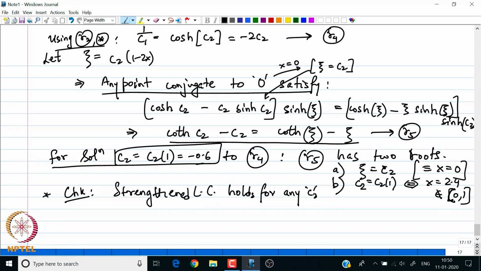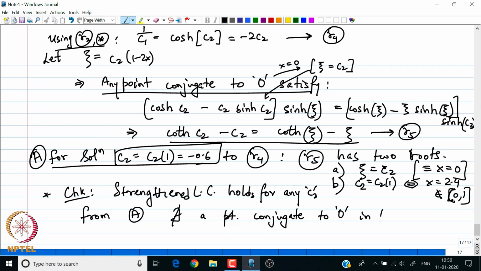And so let me call this my case A. From case A, there does not exist a point conjugate to 0 in the open interval from 0 to 1, right. The only point conjugate is outside the interval, which means that the solution that I am going to get is a weak local minima, right.